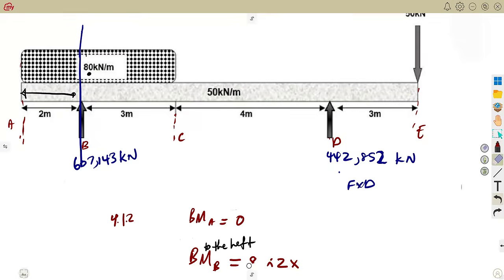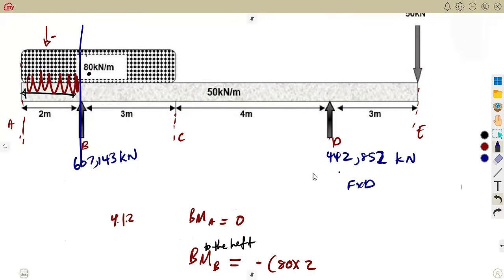Remember, it will give us a negative when it changes to be a point load like this. So it will carry a negative. So that will be negative 80 times 2, the distance where it is distributed for 2 meters.